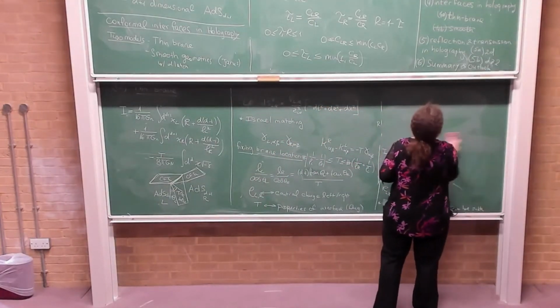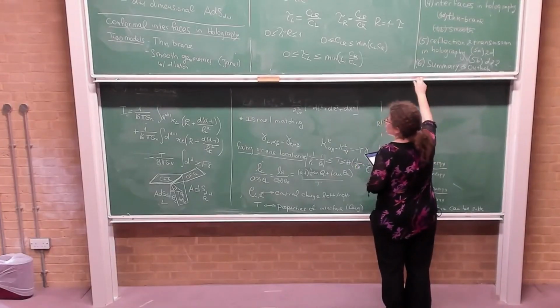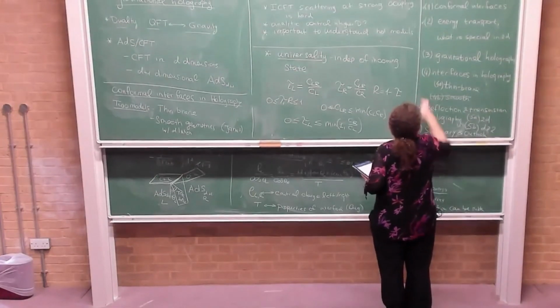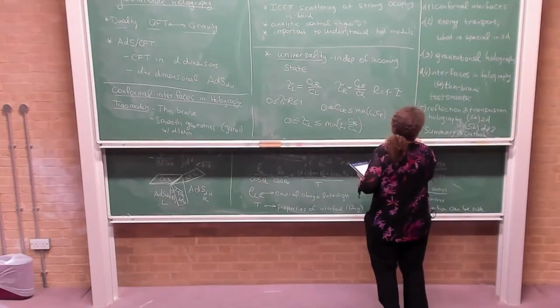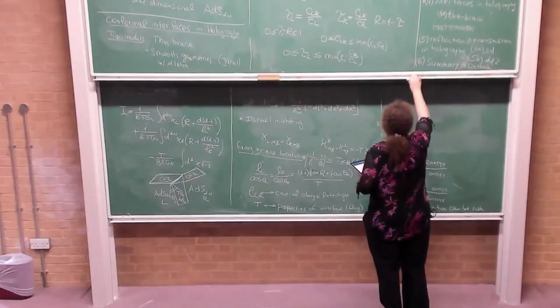The scattering, so that was 4. We did 3 and 4. Let's talk about reflection and transmission in holography.